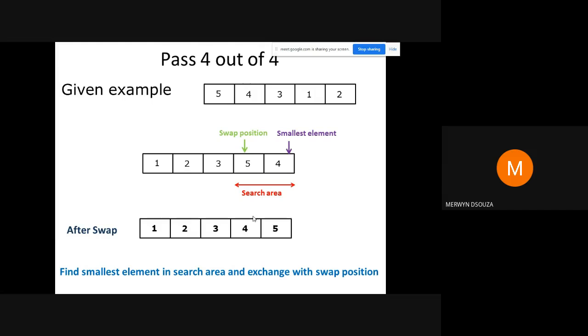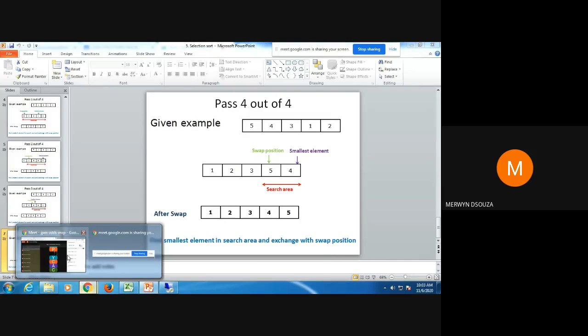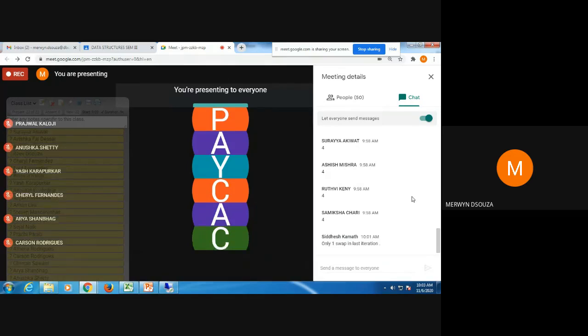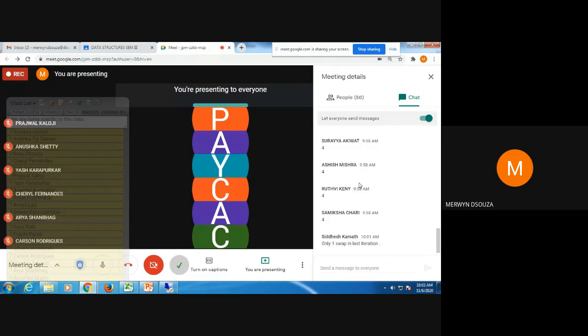So is it okay with everyone? Did you all understand? Any questions about this? What do you mean by that, Siddesh? Only one swap? In every iteration we are doing only one swap.